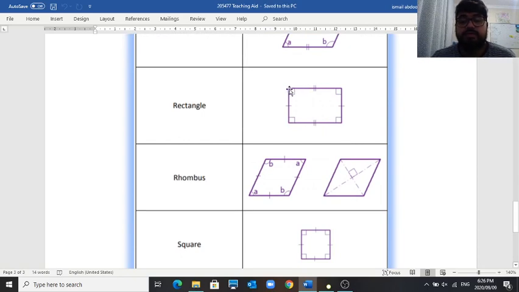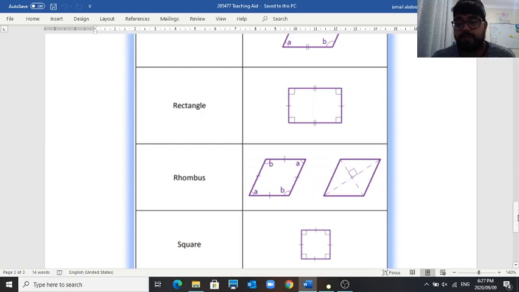Now the rectangle is just like a parallelogram, but it is not at a slant. The rectangle is the same as the parallelogram when it comes to its sides, so opposite sides are equal. From our diagram we can see that all four angles are equal, and by the looks of it, they are 90 degrees each.